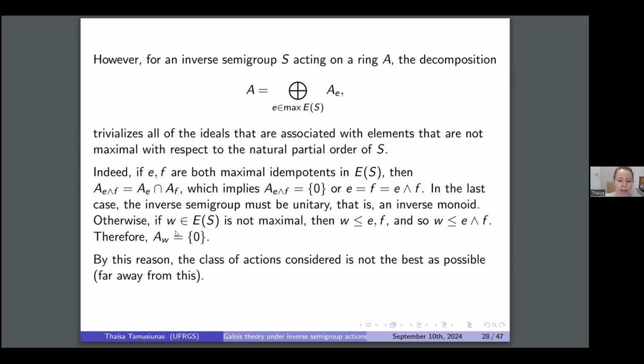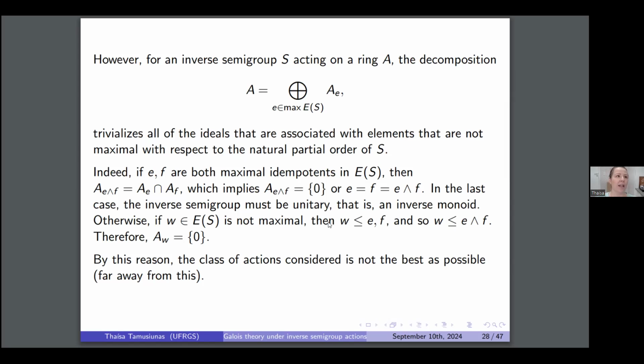And then it implies that this ideal is equal to 0. Many of the ideals need to be 0 if we are assuming this orthogonality. And by this reason, the class of actions considered is not the best possible.